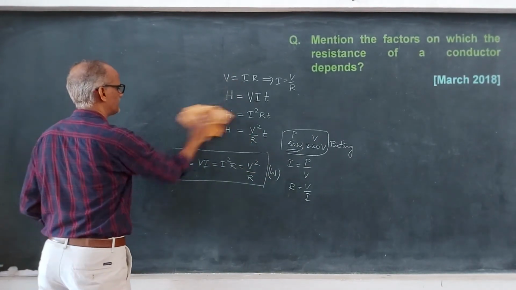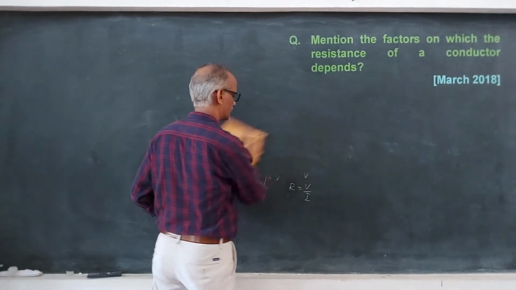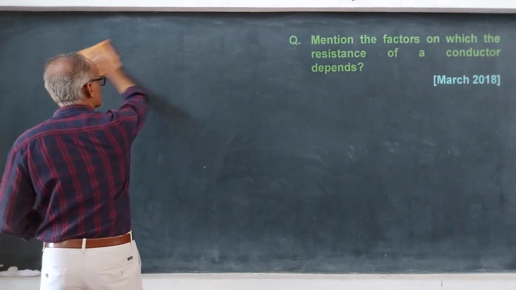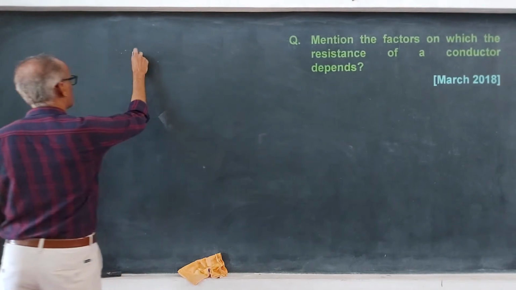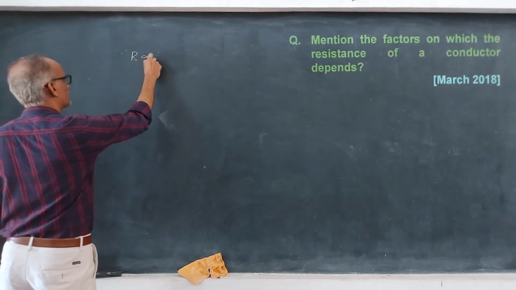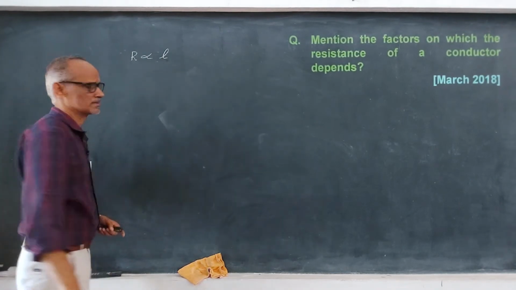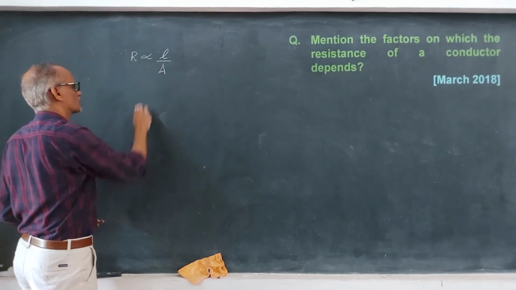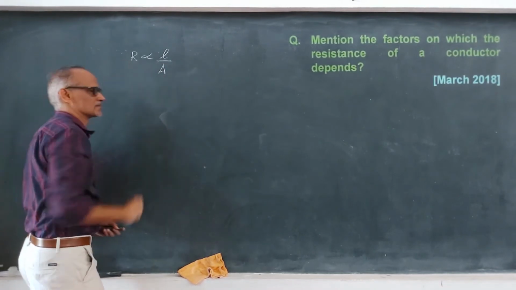Now, they ask about the factors on which the resistance of a conductor depends. See, the resistance R is directly proportional to the length of the conductor. More length, more resistance, and it is inversely proportional to the area of cross section. That means the thinner the wire, the more the resistance.